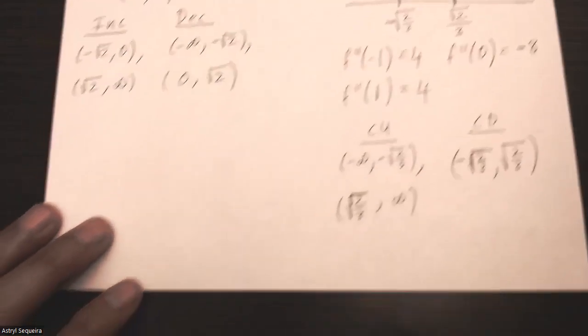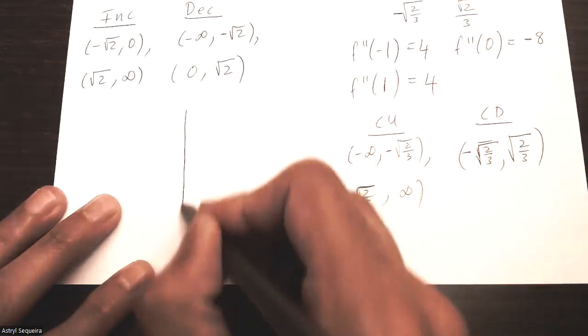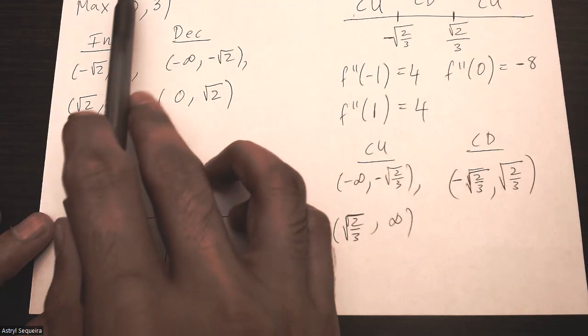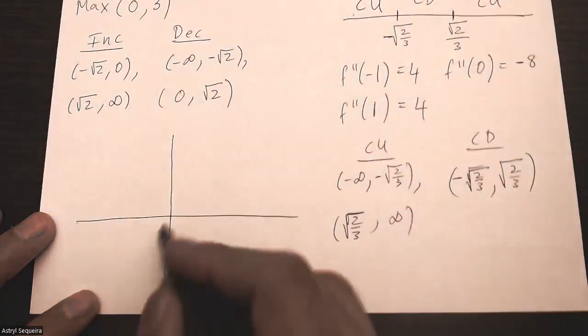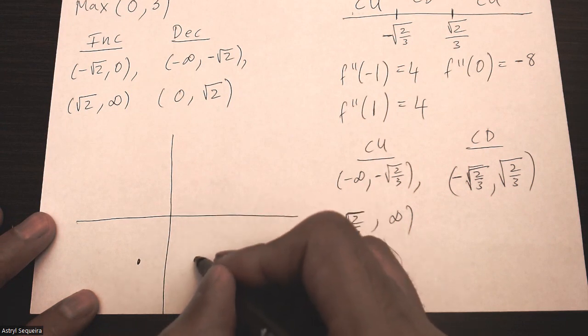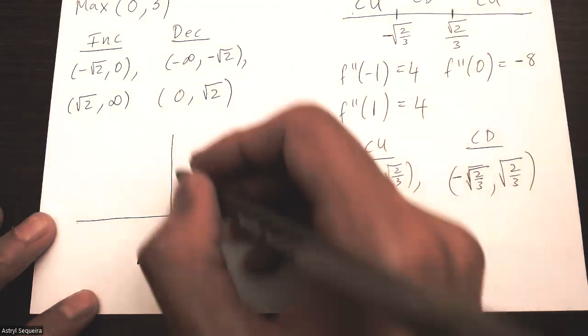The last thing I'm going to do is sketch this function out. I'll put all my points. So my mins are negative root 2 and -1, and positive root 2 and -1. My max is 0 and 3.